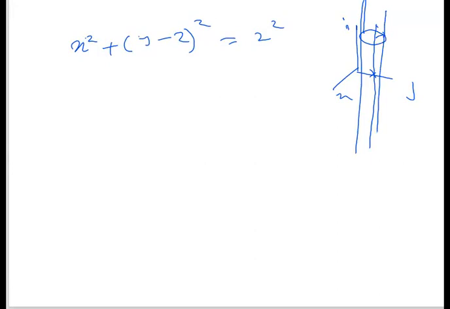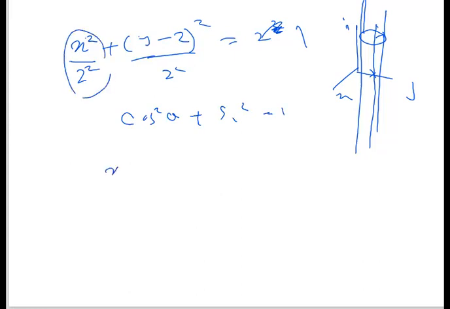So yeah, we can use the trigonometric identity. We know cosine squared theta plus sine squared theta is equal to 1. So x is equal to 2 cos theta, right?